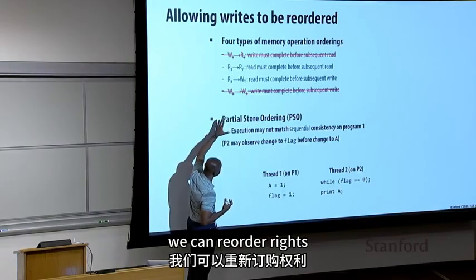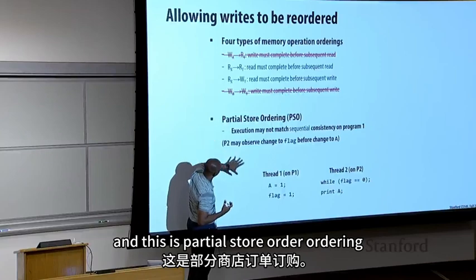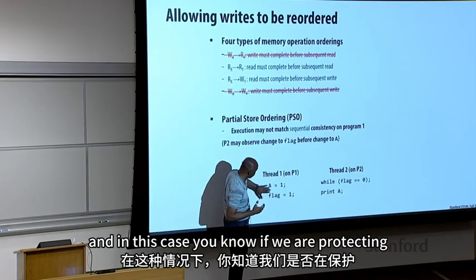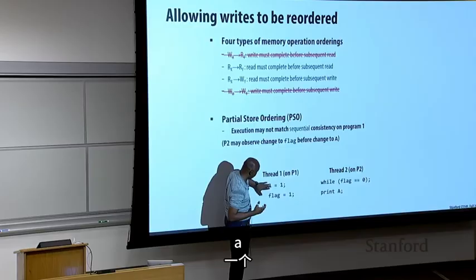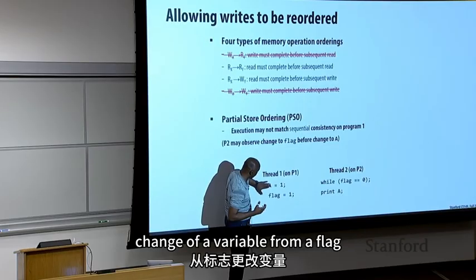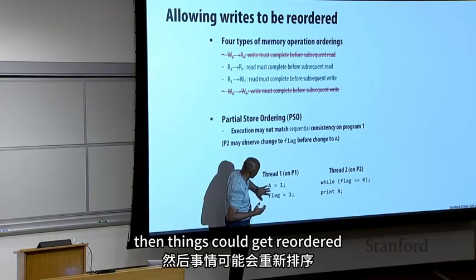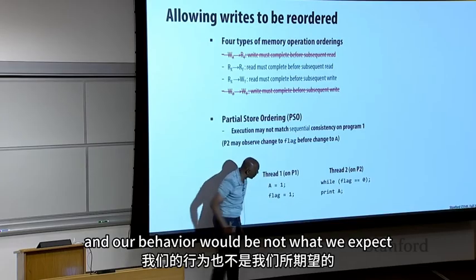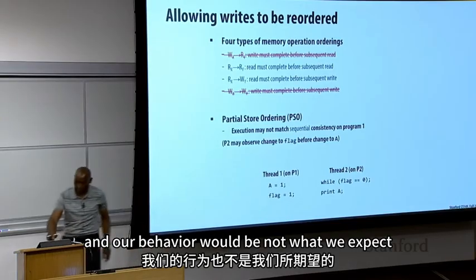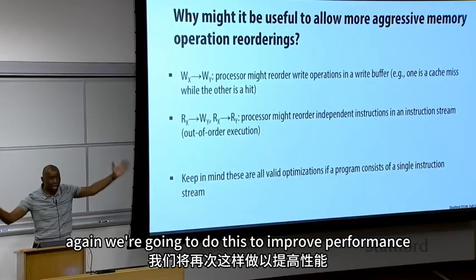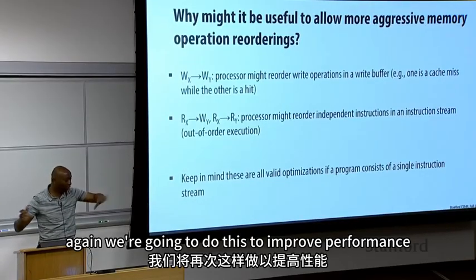We can reorder writes, and this is partial store ordering. And in this case, if we are protecting a change of a variable with a flag, we're trying to do synchronization, then things could get reordered, and our behavior would not be what we expect. Okay, so again, we're going to do this to improve performance.